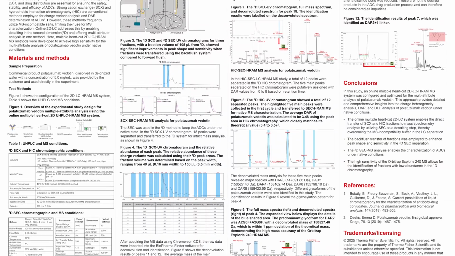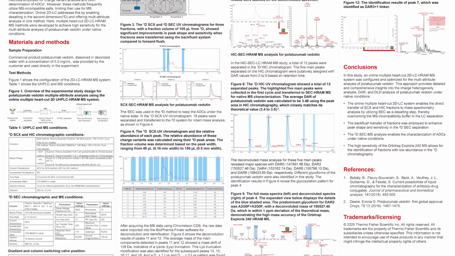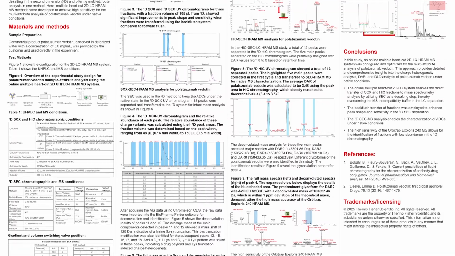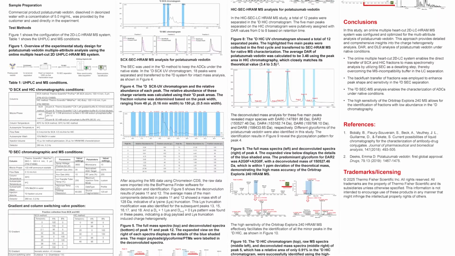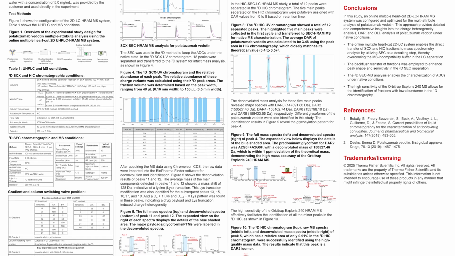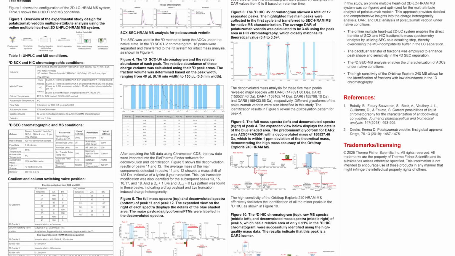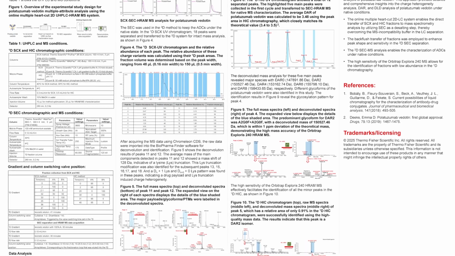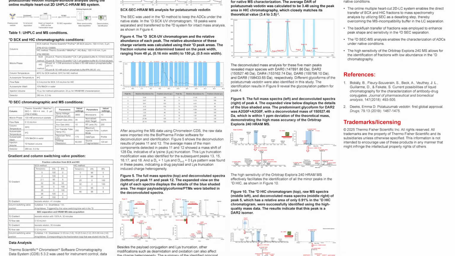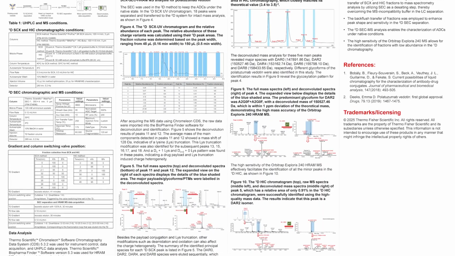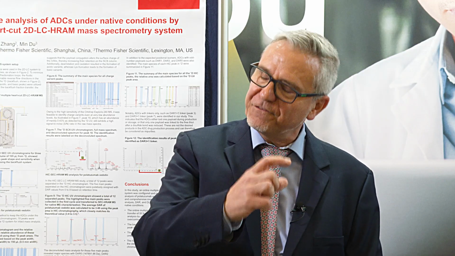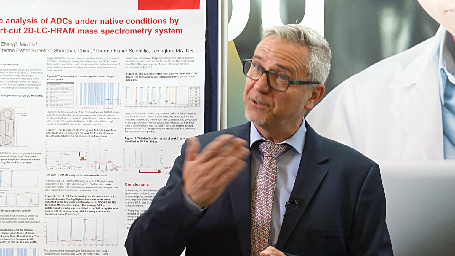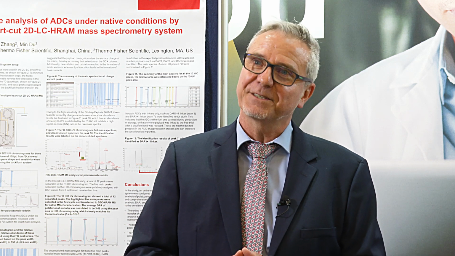further identification. What was your main research question and how did you go about answering it? As I said, the main research focus was more on the instrumental side, how we can combine the separation mode with the mass spectrometry. And the approach was using a multiple heart-cut 2D-LC, where we cut the fractions from the MS non-friendly method and we desalted them, in this case based on size exclusion.